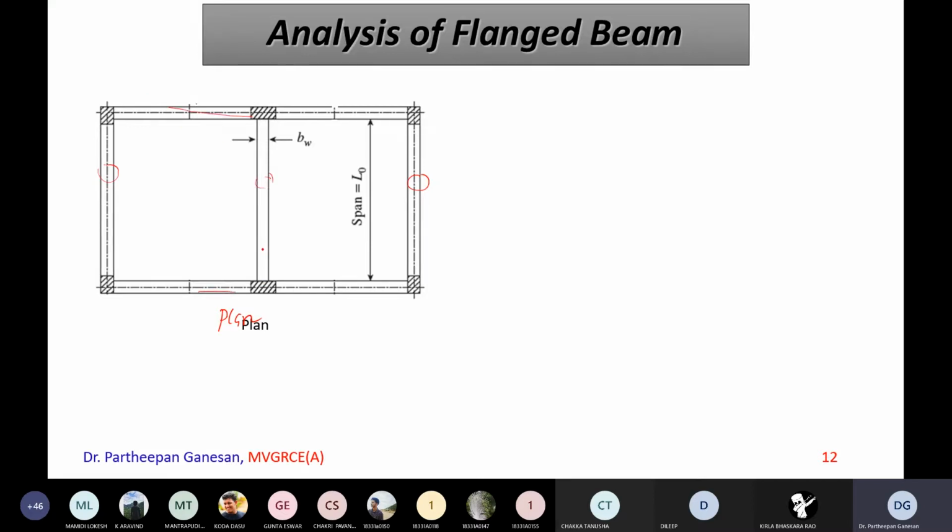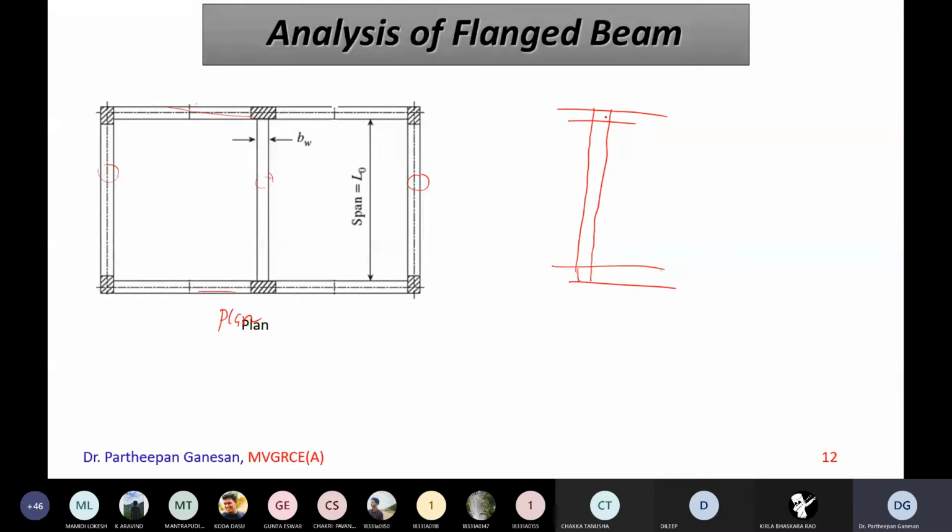So remember, your beam can be directly resting on the brick wall. If the beam is resting on the brick wall, that condition is called a simply supported beam. Suppose you have a brick wall on this side, and you are placing a beam like this.